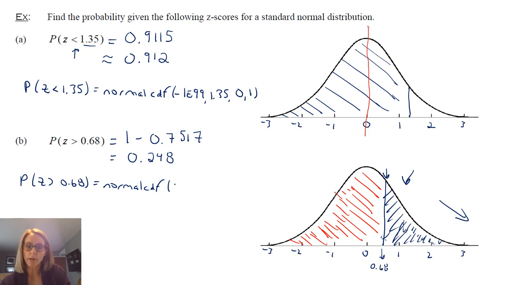So we're starting at 0.68, and then we're going up forever. So instead of using negative, you could use positive like this. The E button that you'd want is actually a little confusing because it's a double E, but it's above the comma. So if you use the blue button, you can get that E, it's above the comma, and you can put this in, which again just indicates something very, very large, and then 0, 1, and you're going to get the same answer that you got from above.